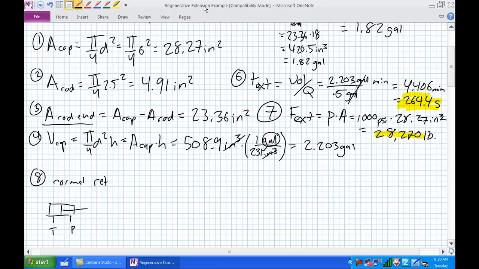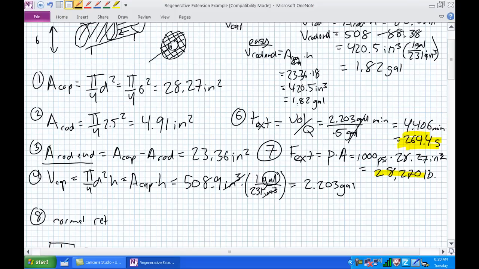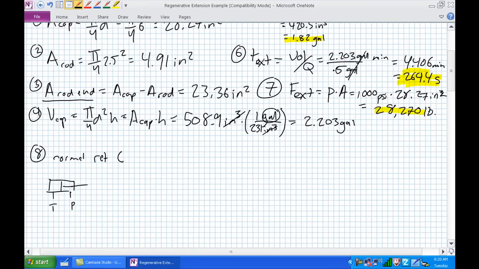So what volume do we have to fill up in normal retraction? Well, we have to fill up the volume of the rod end, which we already determined right here. That guy right there, so 1.82 gallons. So time of retraction is equal to our volume divided by our flow rate. Our volume is 1.82 gallons.